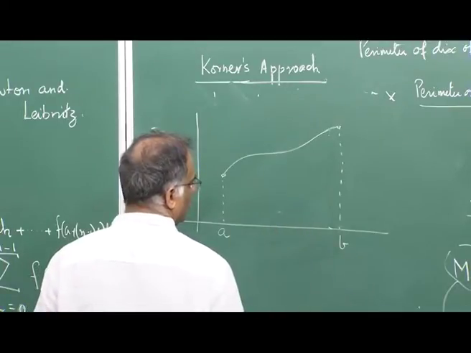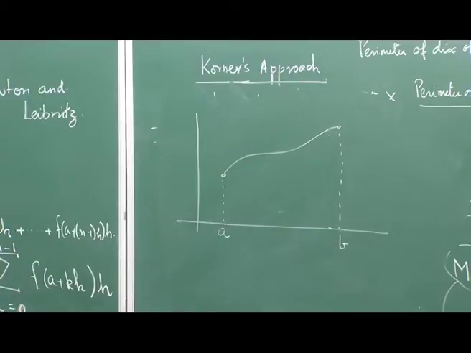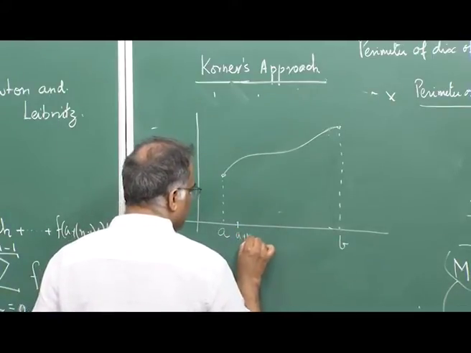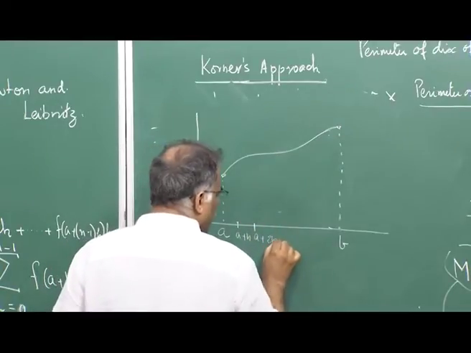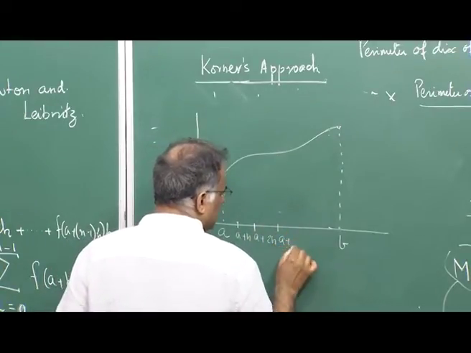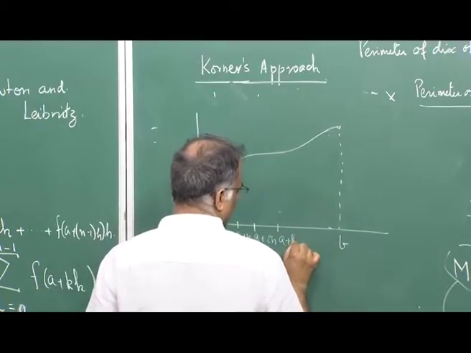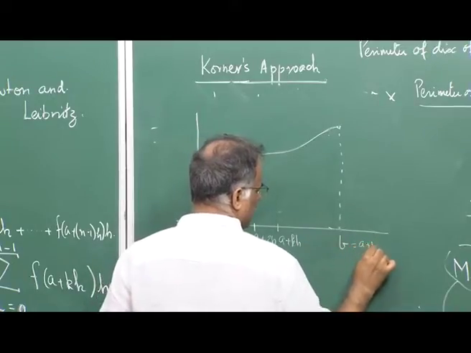So now what we will do, this is the idea which we will later use when we talk about Riemann's approach to integration. Let us make the same divisions, a plus h. Riemann would generalize this approach of dividing a plus some kh, and so on up to a plus nh.